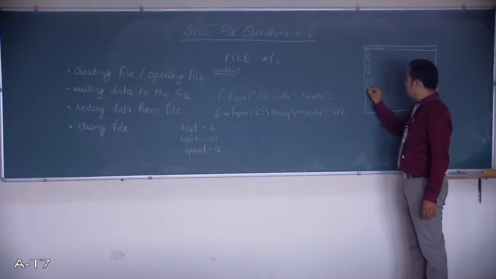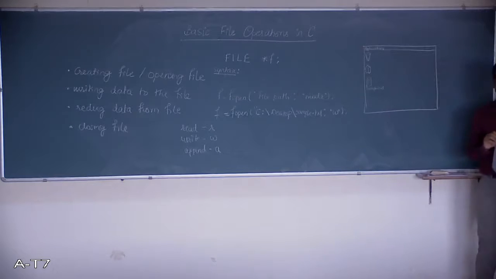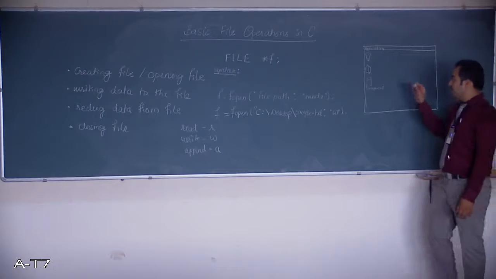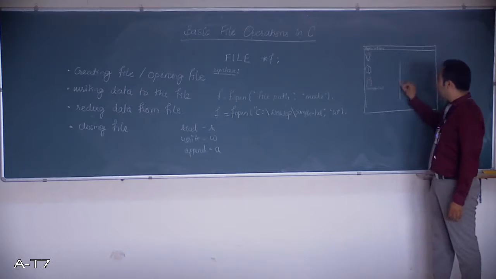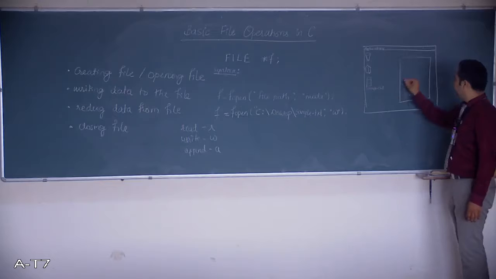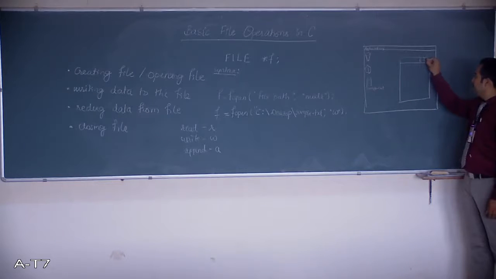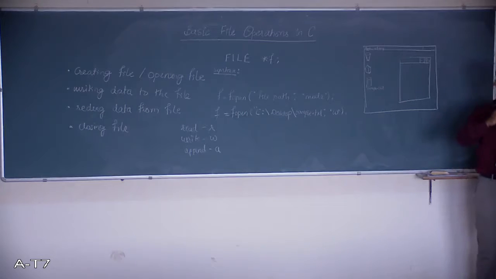So here you would see the file called sample.txt. And if you open this file, it would open a text document with no information in it. It is just a blank text document.